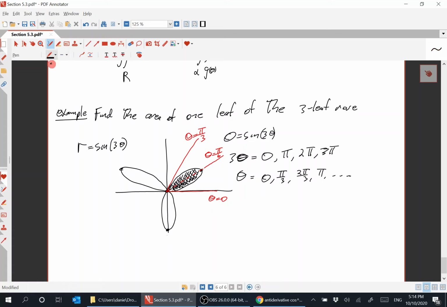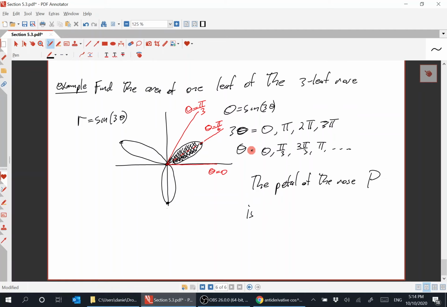So the petal of the rose, P, as a general polar region, is 0 less than or equal to theta less than or equal to pi over 3.